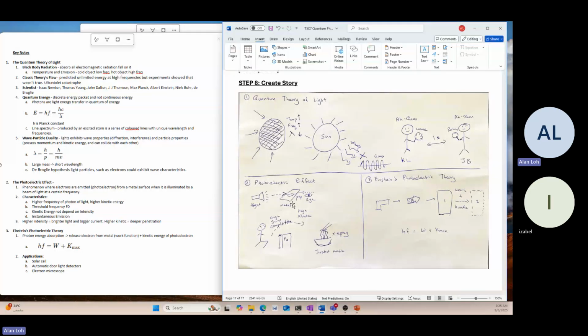When you jump over, you want to eat noodles. You want to eat instant noodle, and that instant noodle is related to the instant emission. Instant emission, right? So before that, let's rewind a little bit. The threshold frequency, and also the higher frequency, gives a higher kinetic energy.